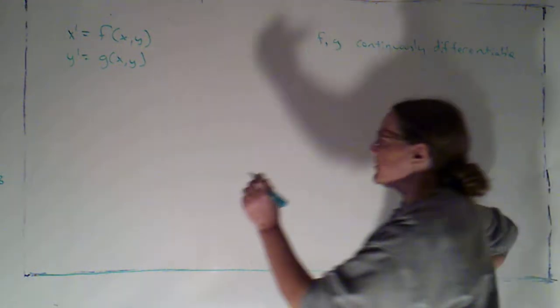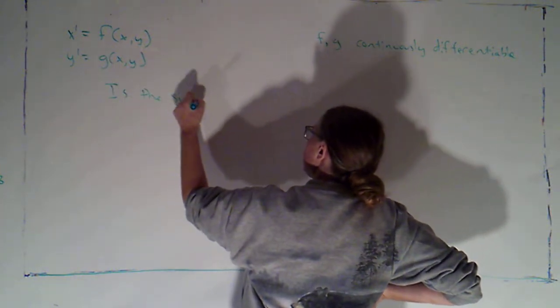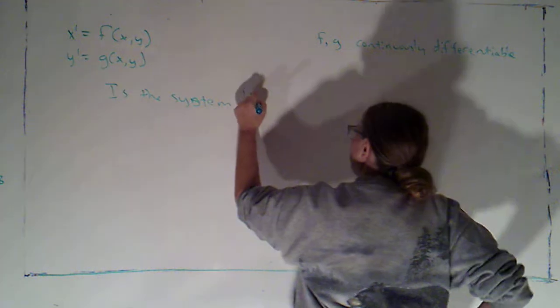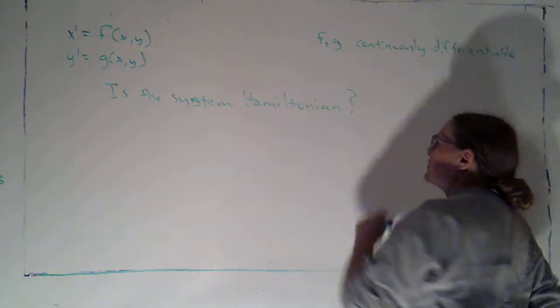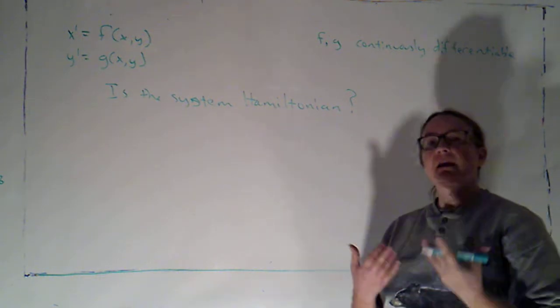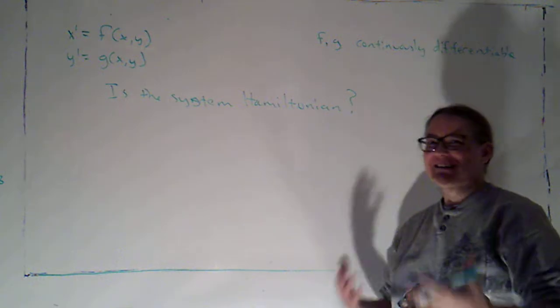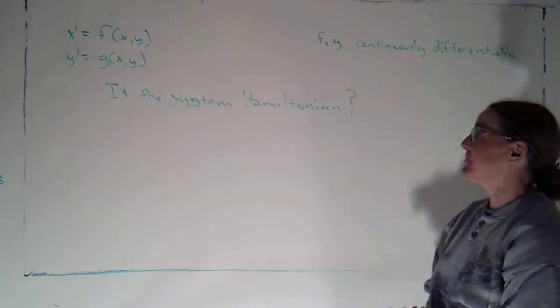Okay, so our question is: is the system Hamiltonian? And what I'm going to do, first of all, is say, well, what if it is? What would be true? And then I'm going to hope that what I get is actually a criterion, that if that criterion is true, then I will know that it's Hamiltonian.